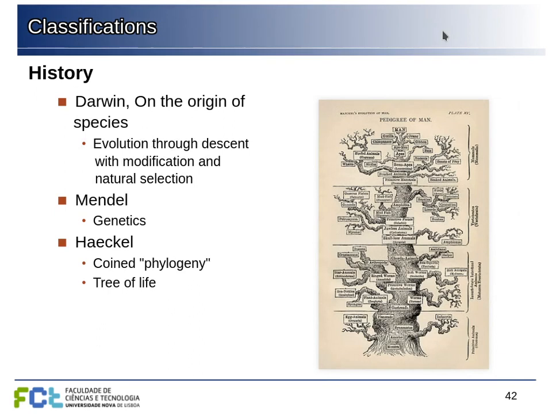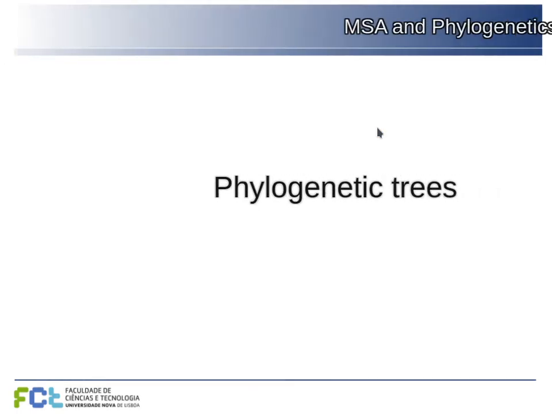So this is actually the explanation that we use today. It seems to fit the data very well. It was eventually combined with genetics during the middle of the 20th century, and we have this phylogeny, this idea of the tree of life, currently very much in use to describe these relations.